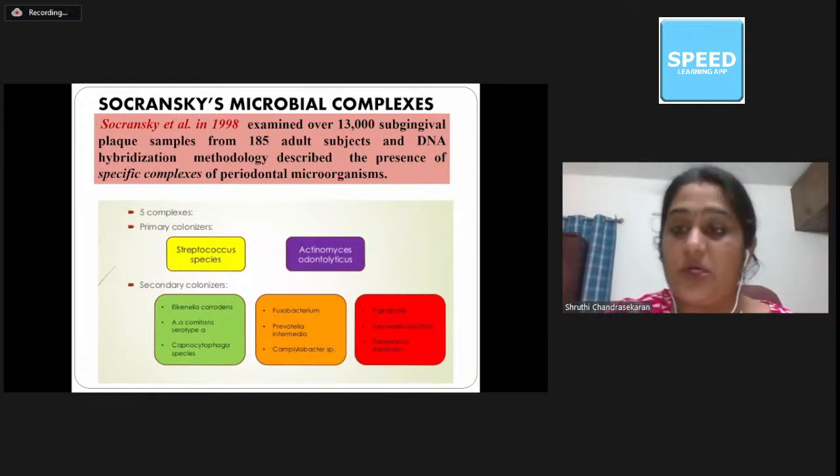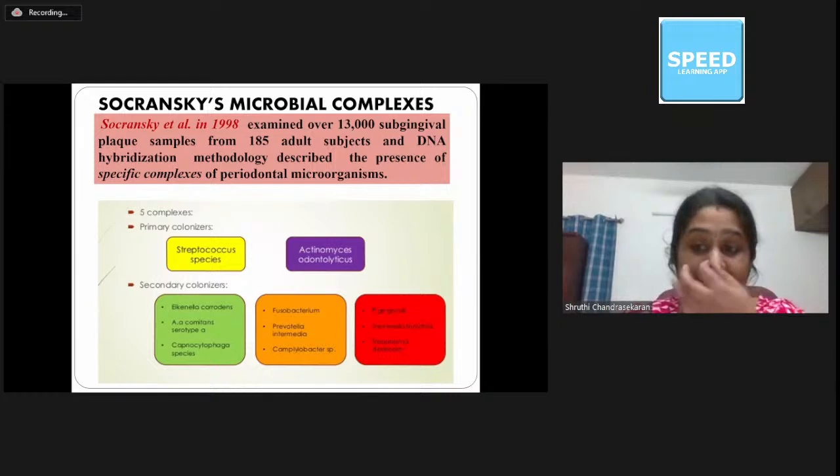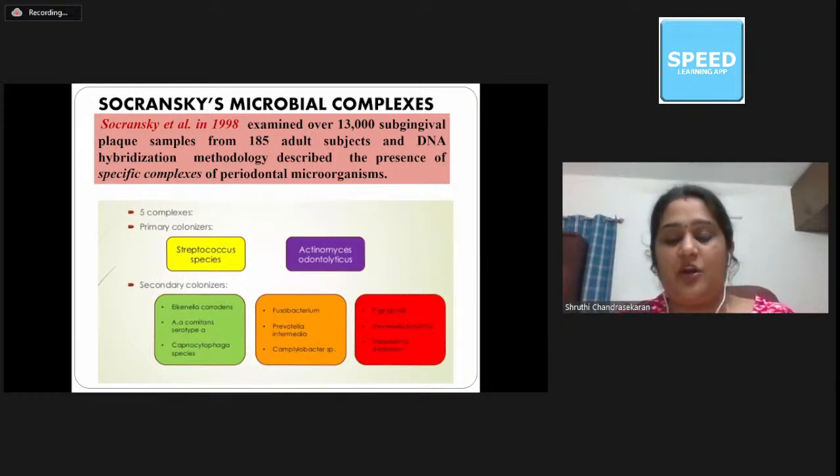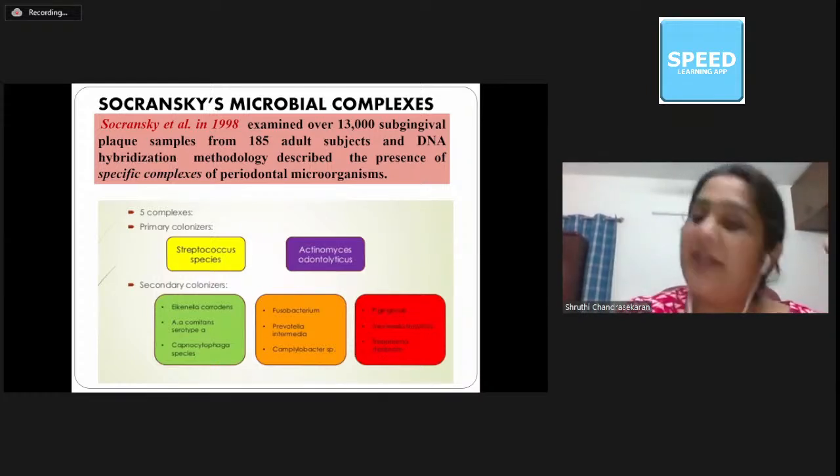Socransky et al. in 1998 examined over 13,000 subgingival plaque samples from 185 adult subjects and used DNA hybridization technology to describe the presence of specific complexes of periodontal microorganisms. So if a question is asked as to who gave the microbial complexes in periodontal microbiology, it is Socransky.